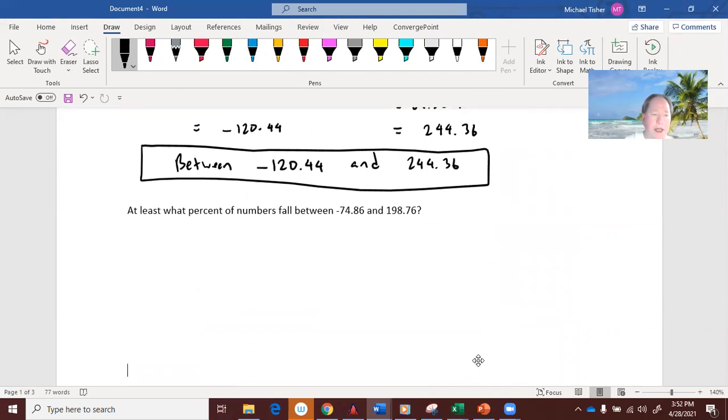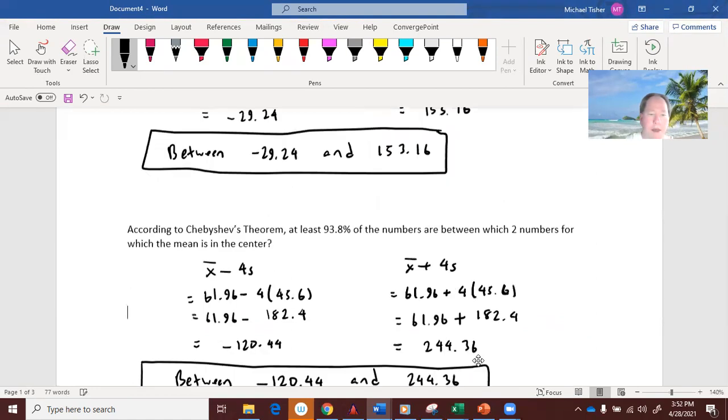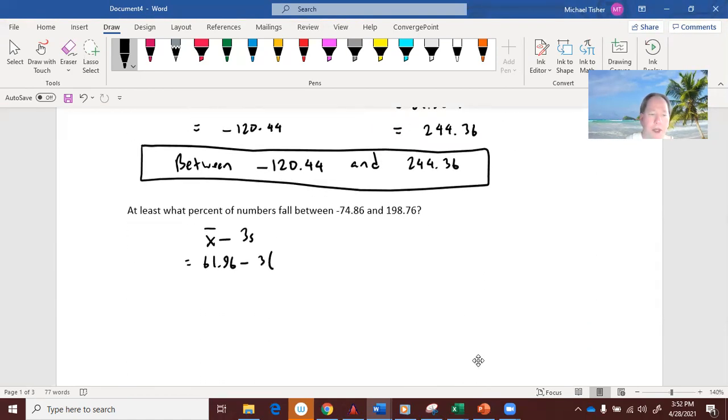Okay, so let's see what happens. X bar minus 3s. Let's see, x bar is going to be 61.96 minus 3 times s. It was 45.6. Okay, now let's have 3 times 45.6.